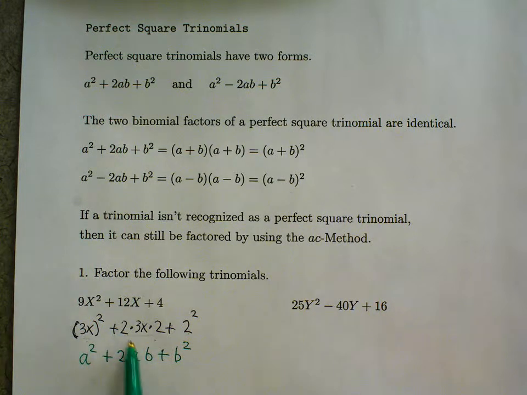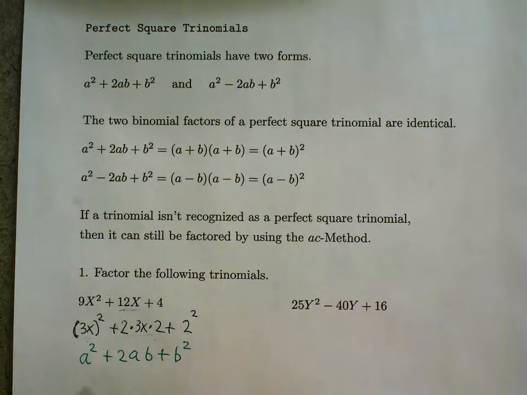If it turns out that the middle term, 2 times 3x times 2, is equal to 12x, then we know that we have a perfect square trinomial. And sure enough, 2 times 3x is 6x, and 6x times 2 is 12x. So this is a perfect square trinomial.